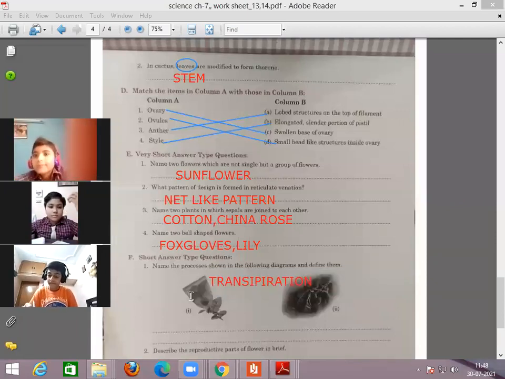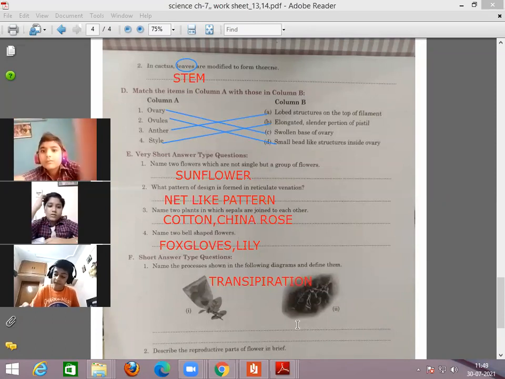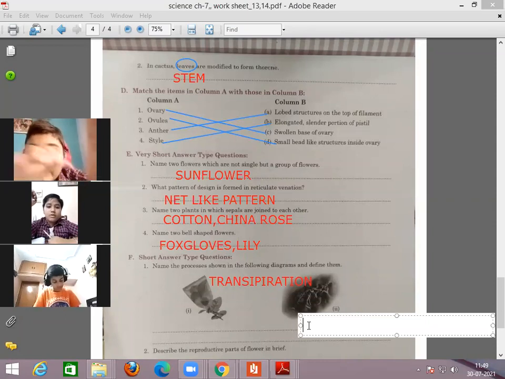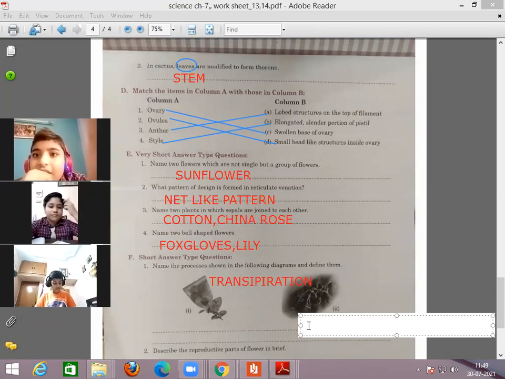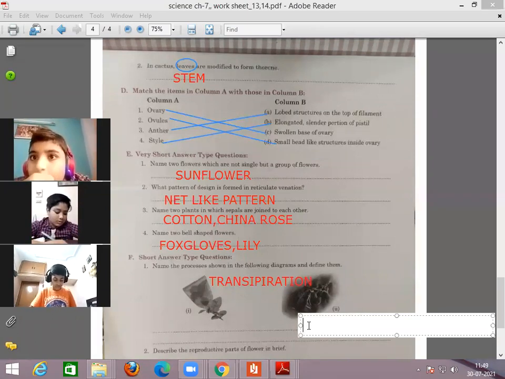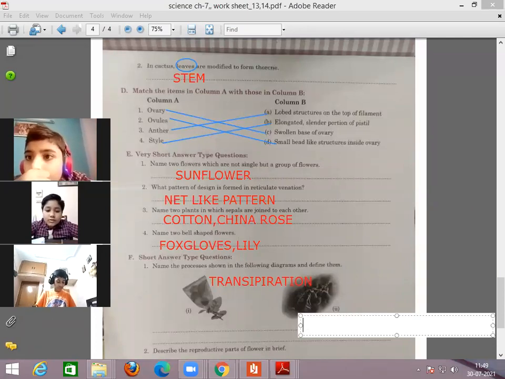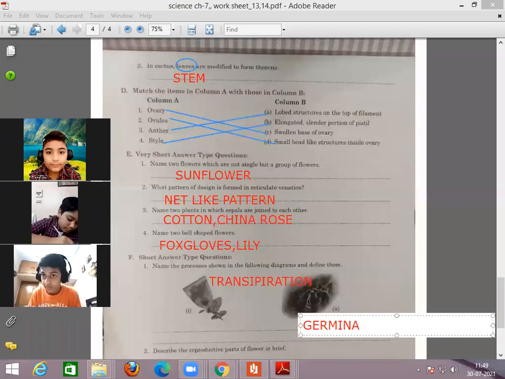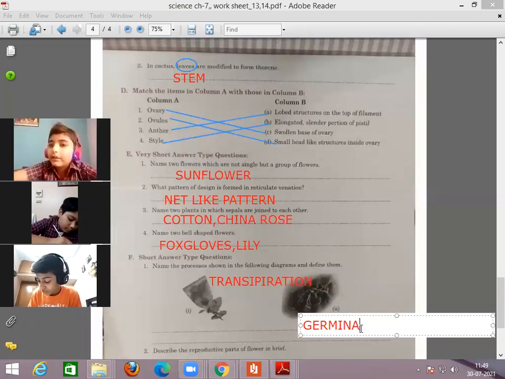First process is transpiration. And what is the second showing? Ma'am, young plants grown on cotton wool. Beta, what is it called? Sprouts or germination, you can say. It is germination.